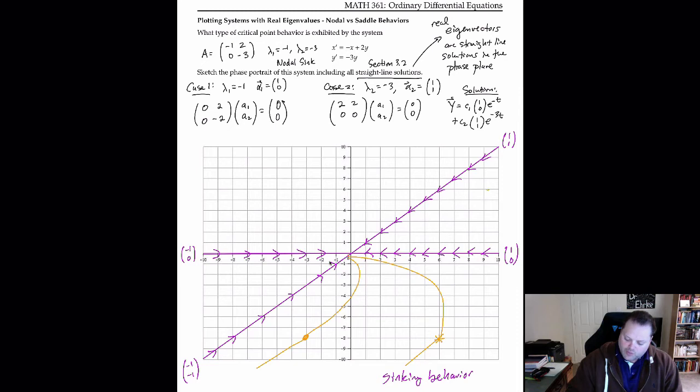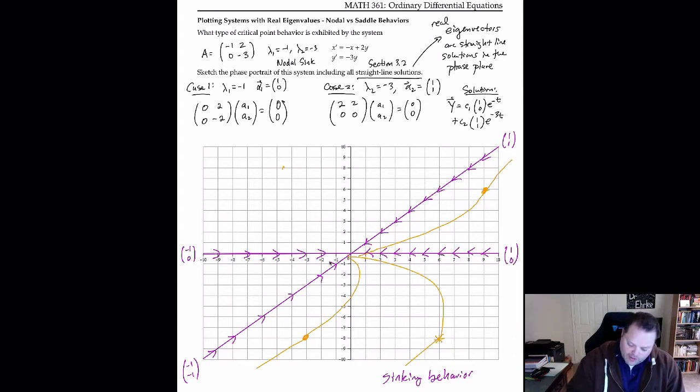What about, say, a point here? Well, we're going to get pulled into 1, 0, which is the bigger one, but as we get further away, it's not going to pull that much. You're going to get pulled slightly in, and as you move away, it's going to become parallel.